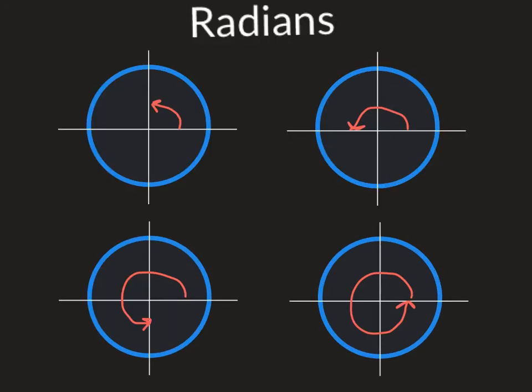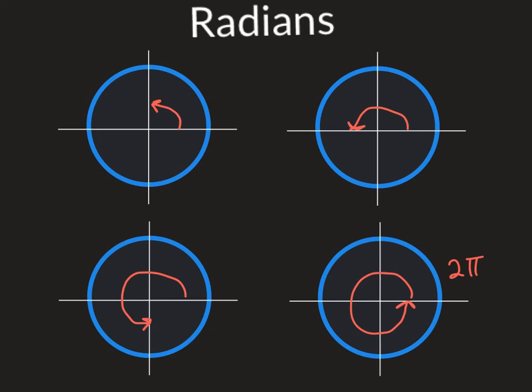So let's go ahead and do a summary of our 4 important angular measures around a circle in radians. Let's start with the easiest one first. Circumference is 2 pi r, so how many radii does it take to get all the way around? Well, 2 pi of them. So 2 pi is all the way around. Halfway around a circle is half of all the way around.